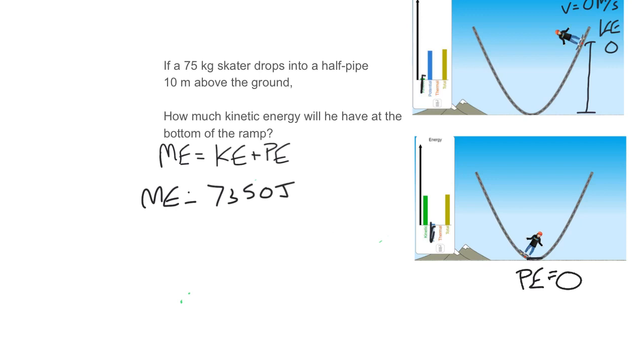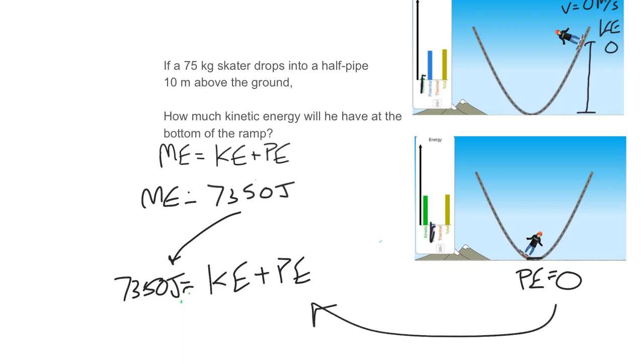And so when he's at the bottom, I know that my mechanical energy, my total energy, equals KE plus PE. Well, I know that my mechanical energy is this number right here. So I have 7,350 joules. I also know that, like I said over here, my potential energy is 0.